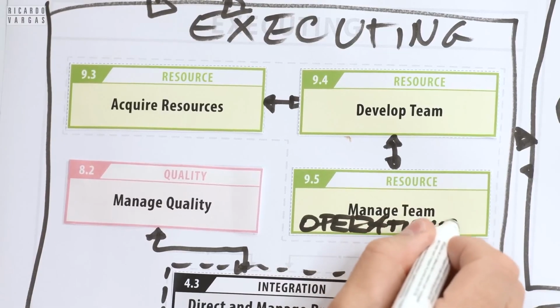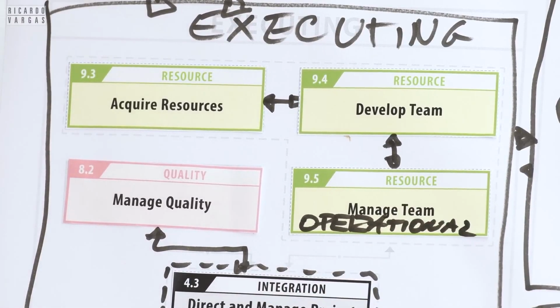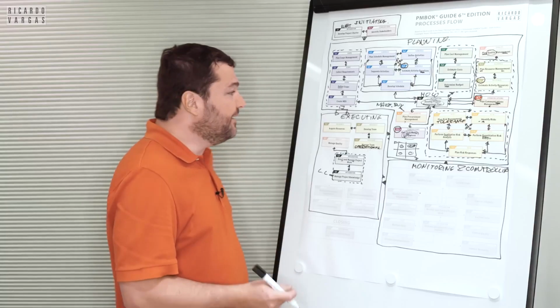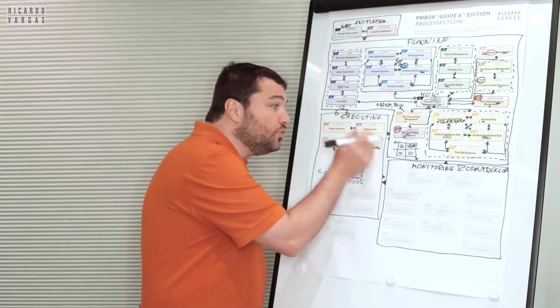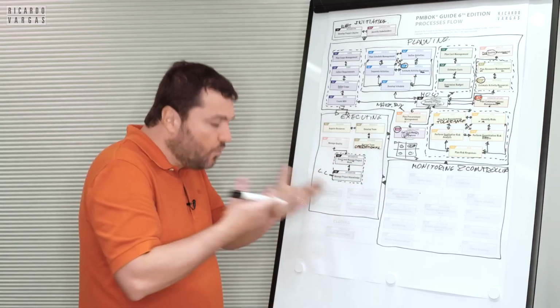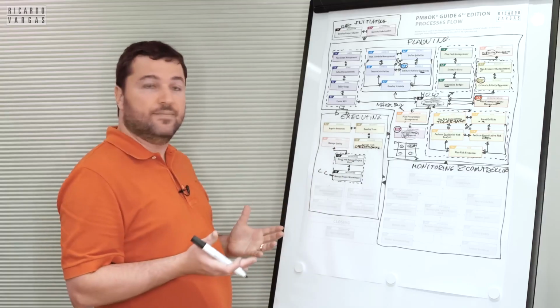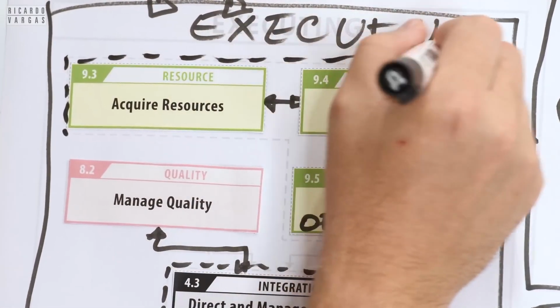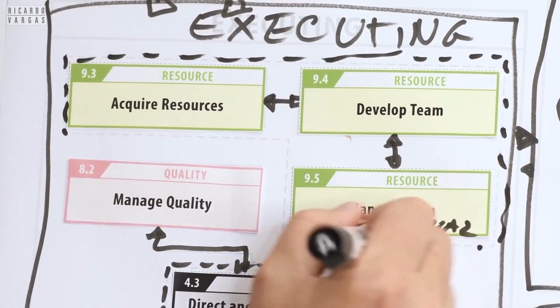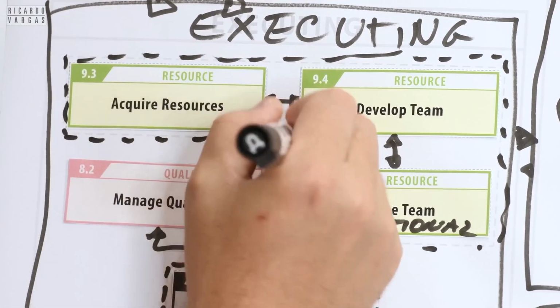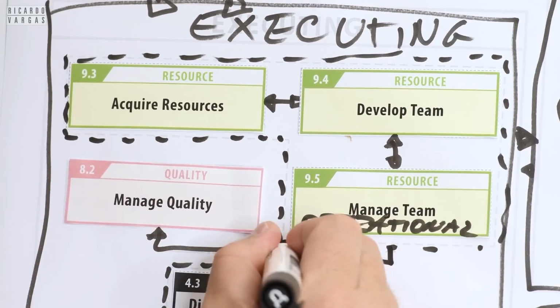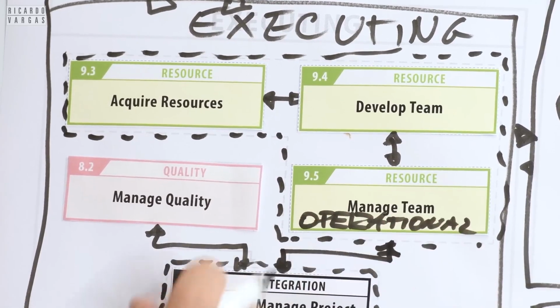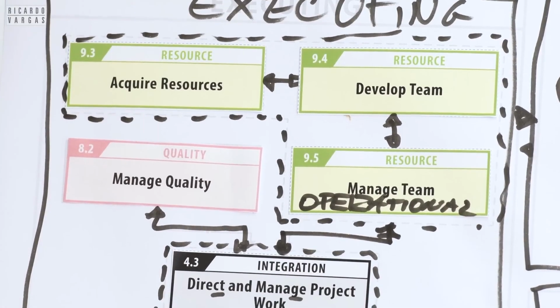What is operational aspects? Oh, someone needs to take leave. Someone is sick and cannot come. So you manage the daily work of your team. So it's a very, very important process. And this process will happen during all the execution. And they will be a supporting pillar to the 2 central processes.